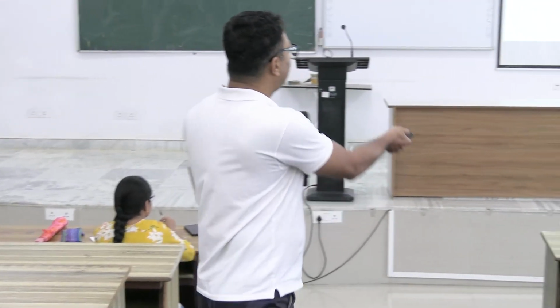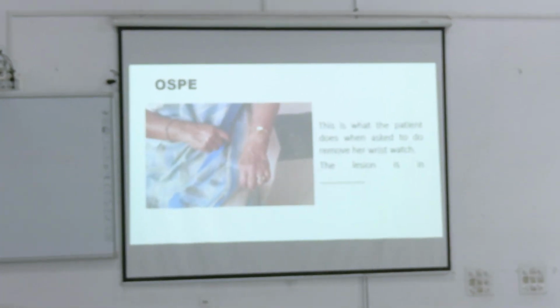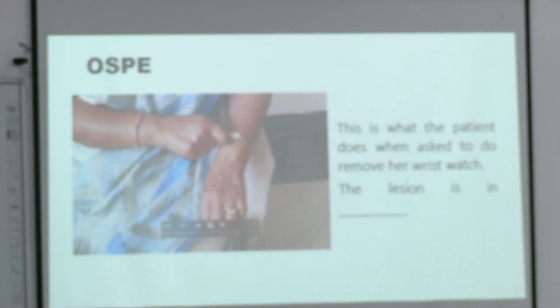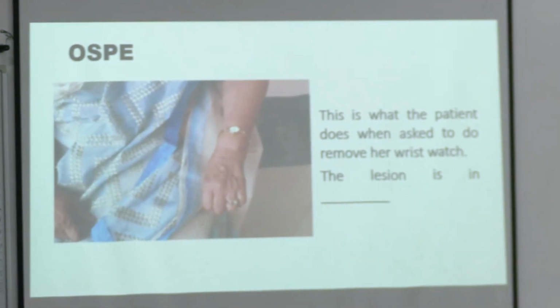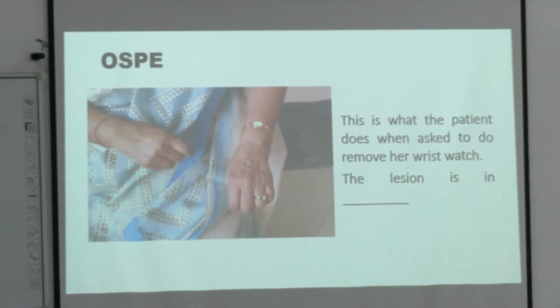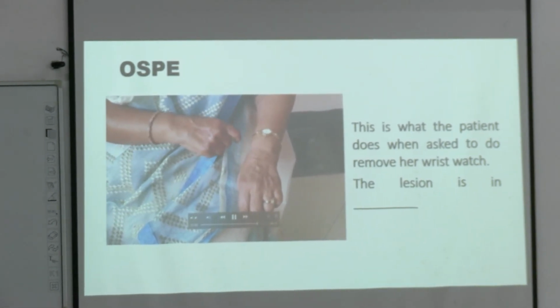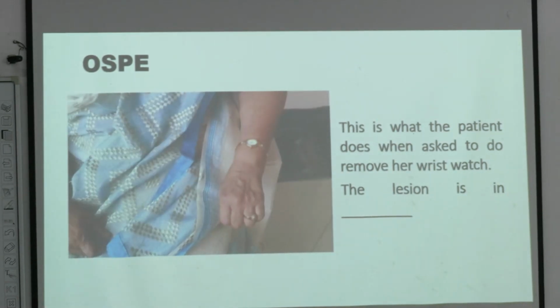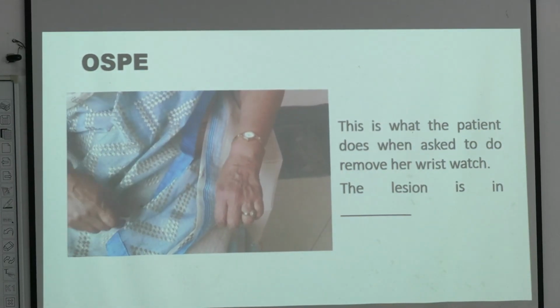Okay, the video I could not show you, this is the video, right? So see this carefully. This old lady was asked to show or remove her wristwatch, and this is how she is doing it, okay?